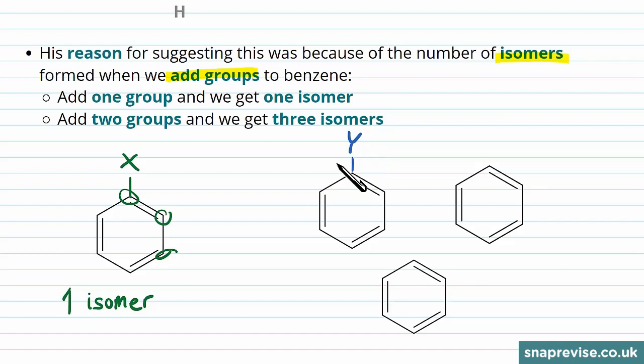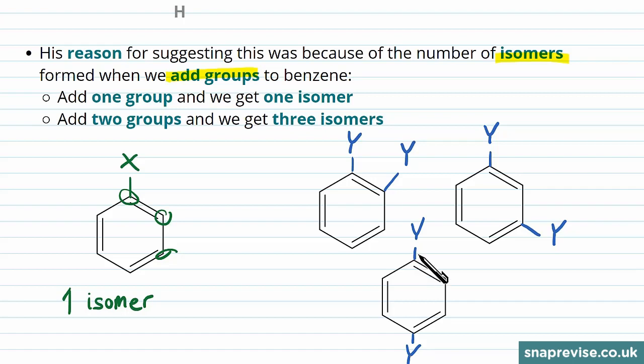If we added 2 of these species onto the benzene ring, with Kekulé's structure, we do indeed have 3 options. With the symmetry, they can either be no carbons apart, so they're right next to each other, or the 2 species that we add can be separated by 1 carbon. Finally, the 2 species we add could be separated by 2 carbons.